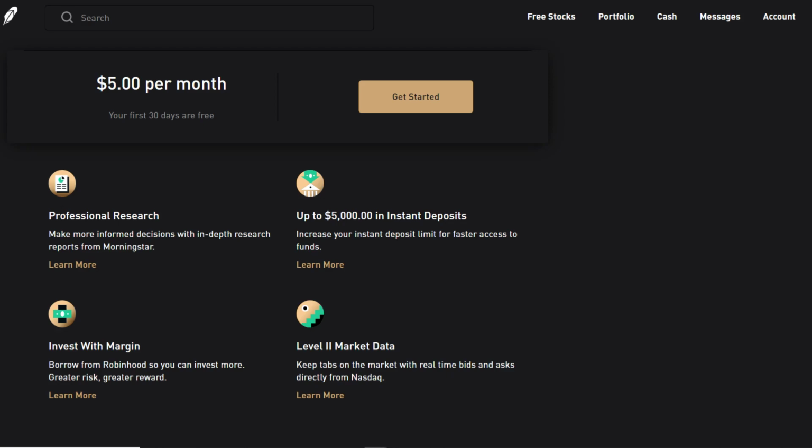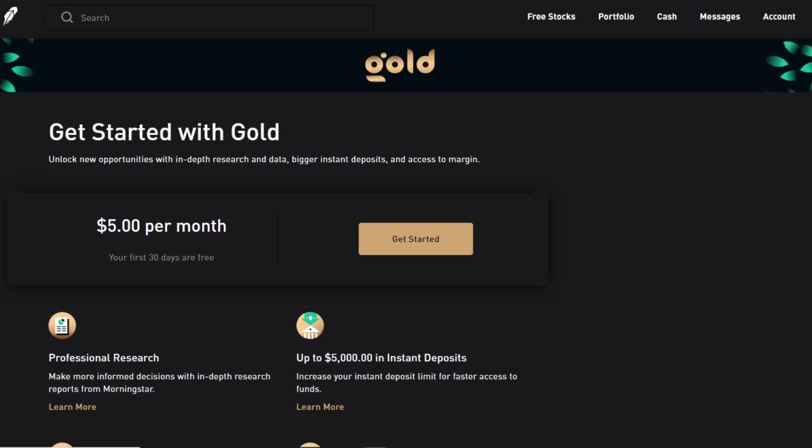The most I've ever deposited originally was $2,000 to start off. You can invest with margin, which I don't necessarily ever advise because that is simply investing with money that you do not have. So I don't suggest that at all. And obviously your Level 2 market data, which is very fun stuff. That's Robinhood Gold for you.